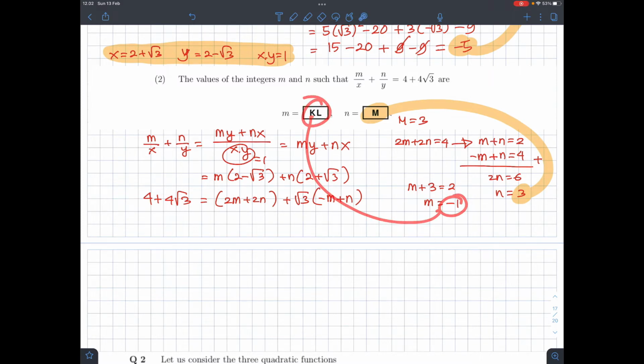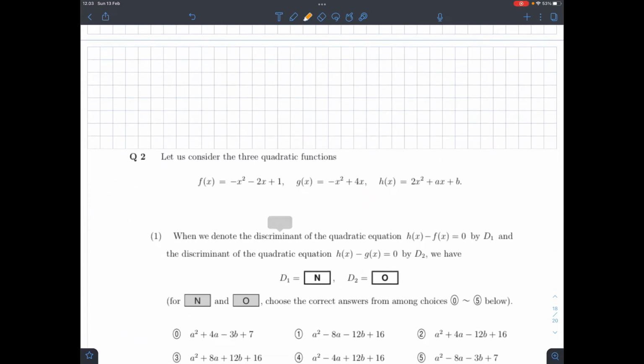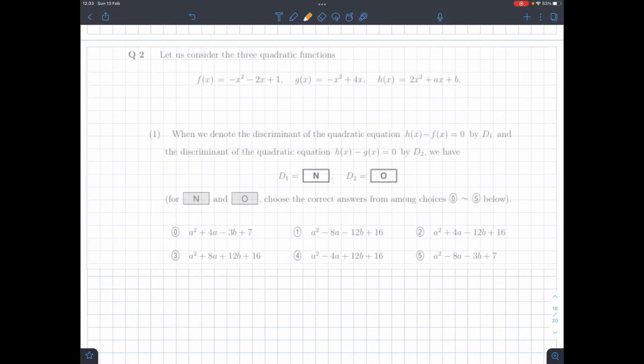Put it here, so k equals negative 1 and L equals 1. Okay, finally we have completely answered question 1. Let's do question 2, still from part 2.